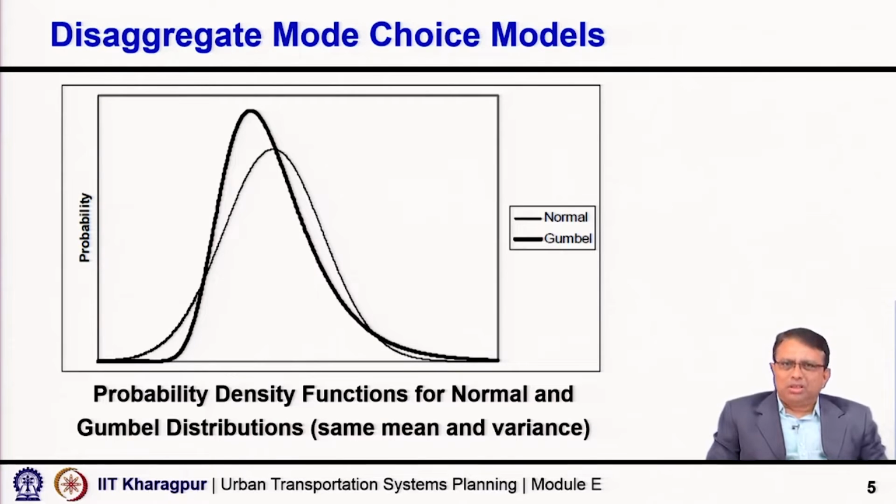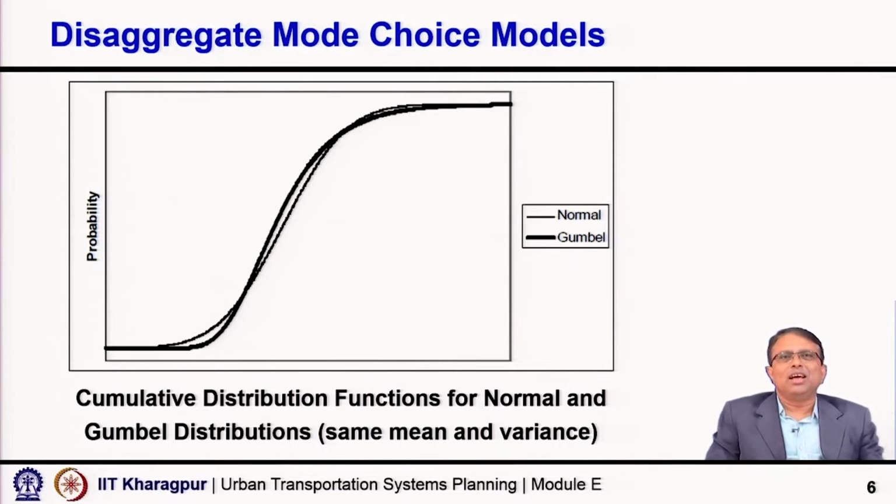So, now a quick look at how the probability density functions look for normal distribution and Gumbel distribution. You can see the thin line is representing the normal distribution and the thick line is indicating the Gumbel distribution. Similarly, I have quickly shown how the CDF or cumulative distribution function looks for normal and Gumbel distributions.